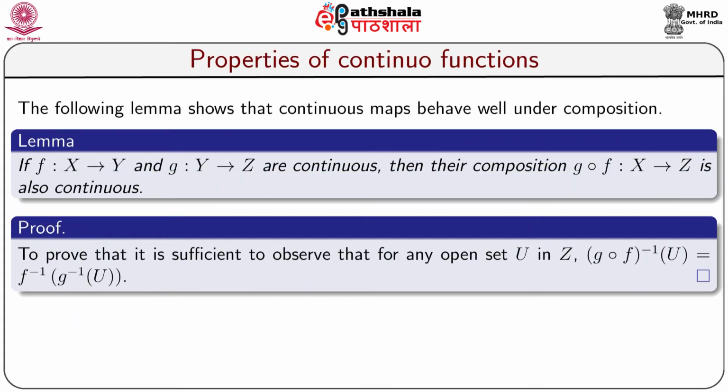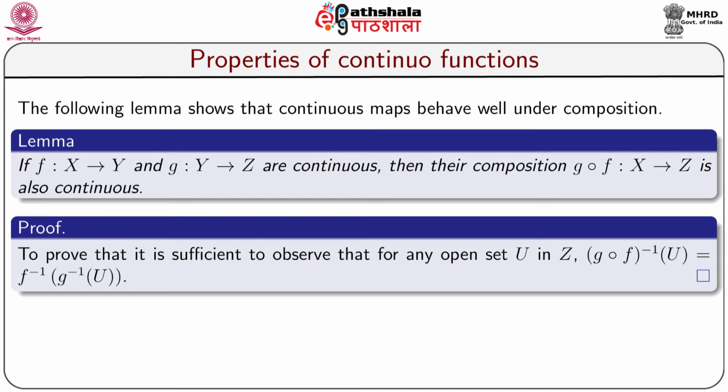Now, we present some properties of continuous functions. The following lemma shows that continuous maps behave well under composition. That means, if f from X to Y and g from Y to Z are continuous, then their composition g compose f from X to Z is also continuous. And the proof is very easy.